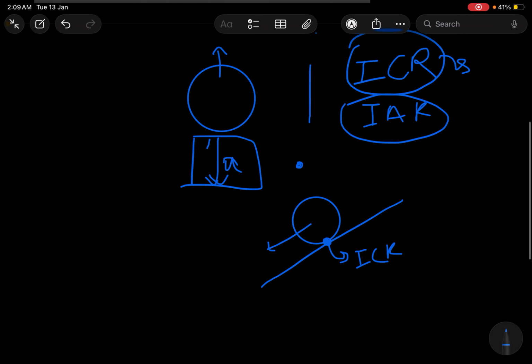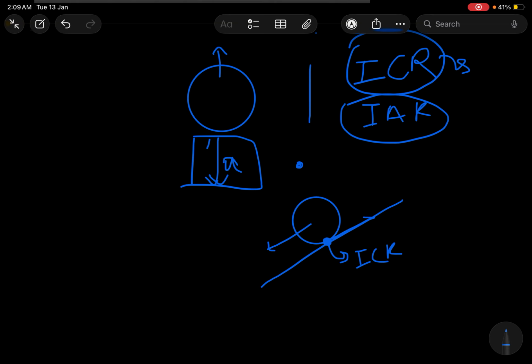How is it the ICR? Relative to this point, the disk as a whole is doing rotational motion as well as translatory motion, but relative to this point over here, this instantaneous center of rotation, what this point can see is the disk just rotating. And as you know, its velocity is zero if the disk is rolling down.